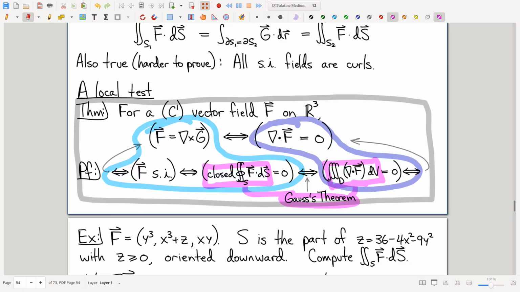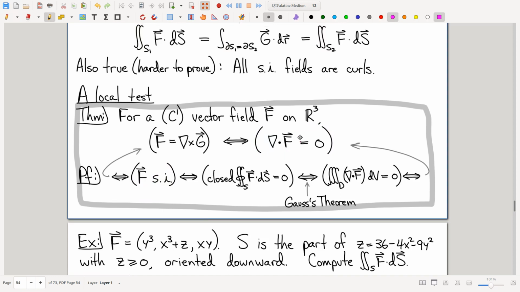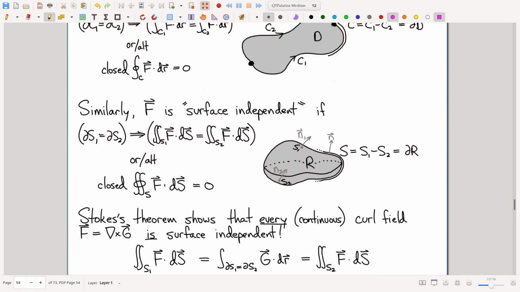All right, so we have ourselves a new tool. The new tool is that divergence being zero is a test for surface independence. Surface independence is a way of saying that if you need to compute one flux integral, as long as you preserve the boundary curve, you can instead compute a different flux integral, and you'll always get the same thing.